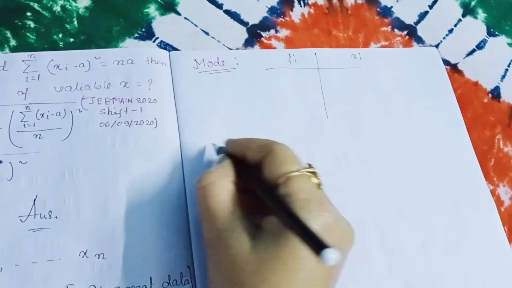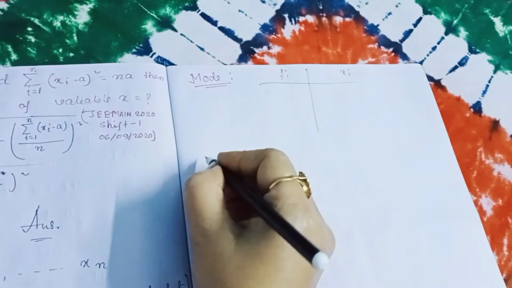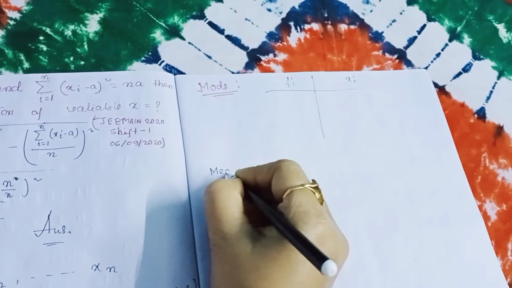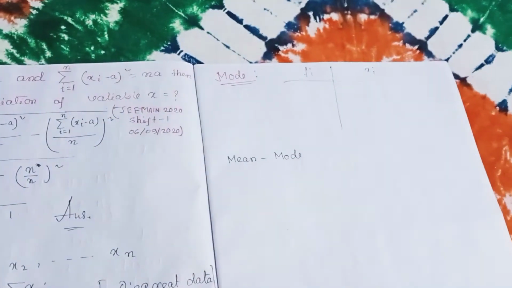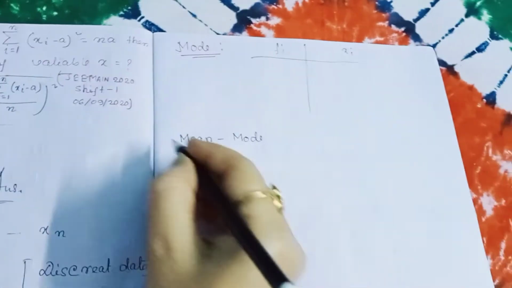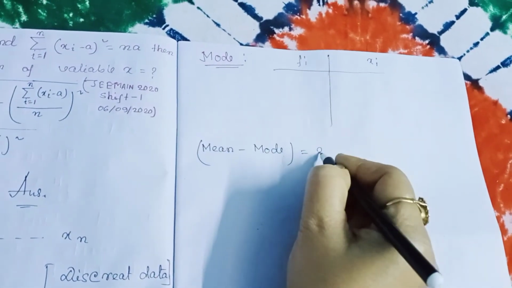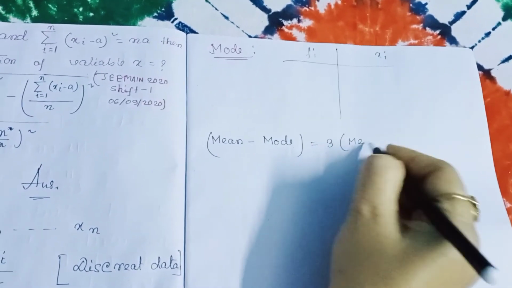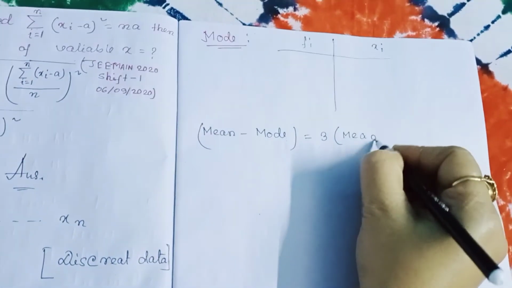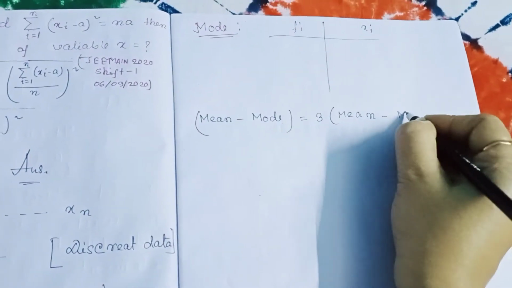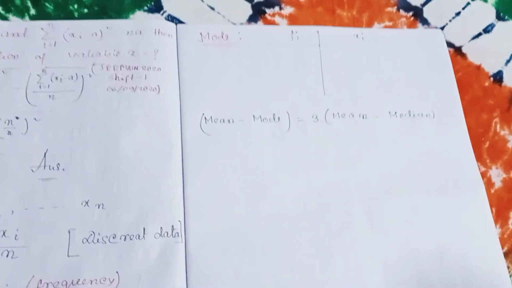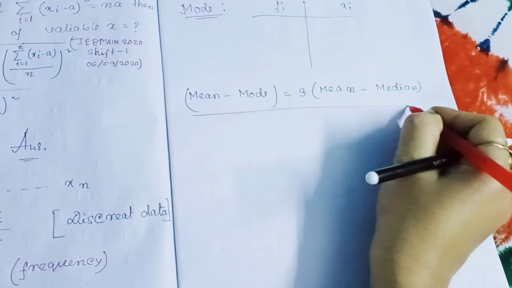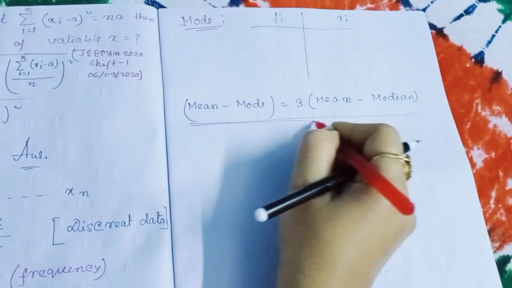Now there is a relationship between mean, median and mode, that is, mean minus mode is equal to thrice of mean minus median. So this is the relation between mean, median and mode. When we calculate some problems, this relationship is necessary for us.